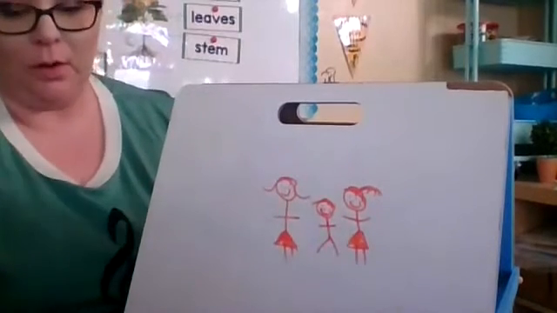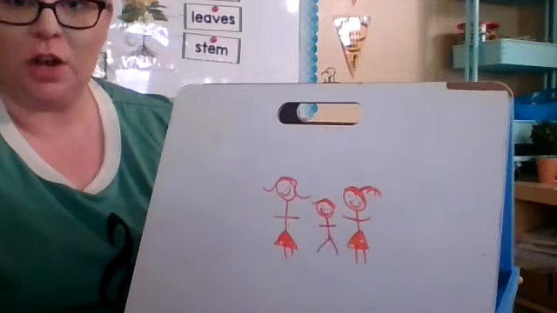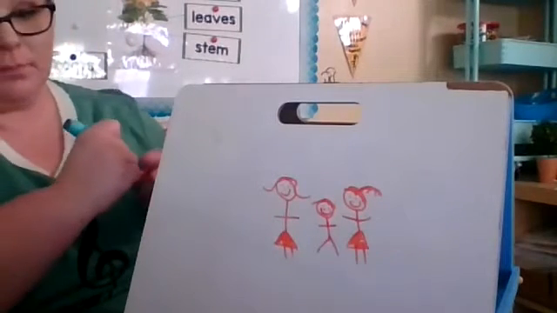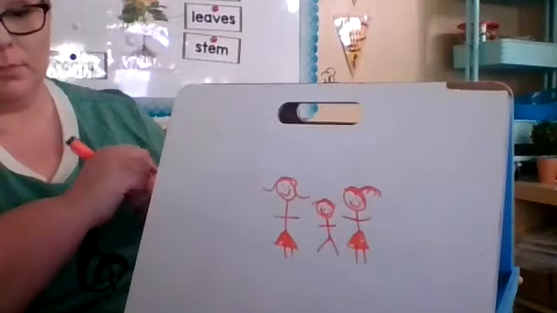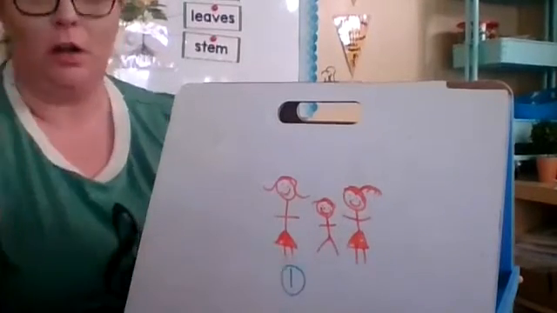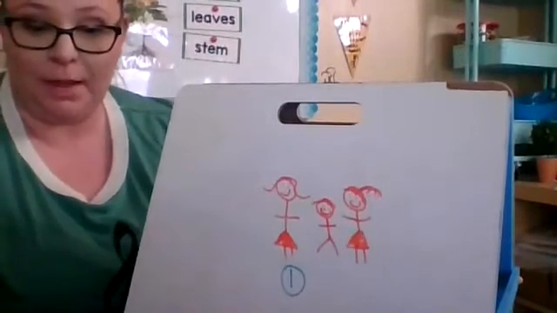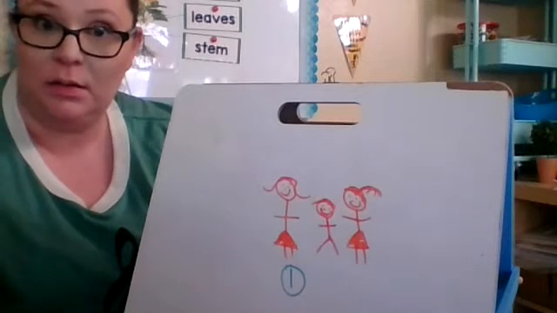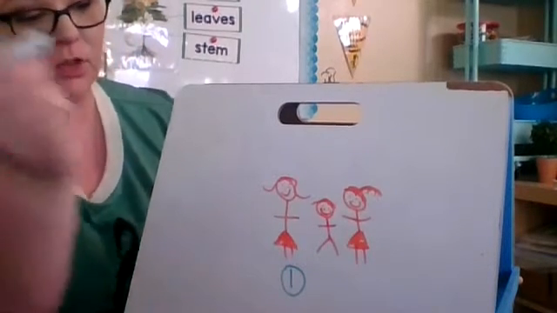Okay, all right. So which child is the tallest then? Jane would be the tallest, wouldn't she? Okay, and which child is the shortest? That would be Justin.